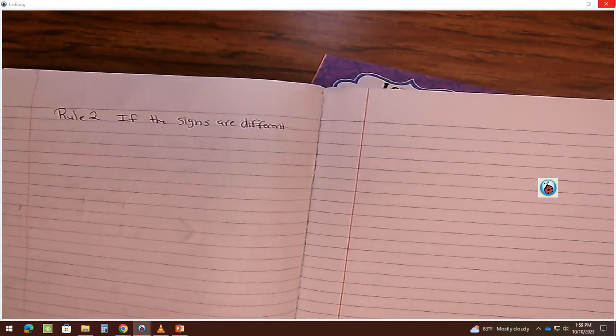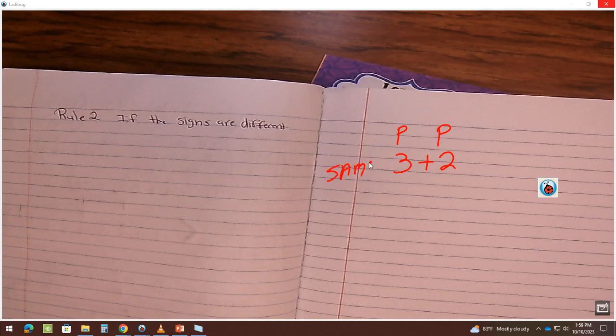Before I continue, you're probably wondering, like, why didn't you do anything with positives? Because those are like from kinder. But let me do one. 3 plus 2. What's the 3? Positive. What's the 2? Positive. So the signs are the what? Same. So what can I do?